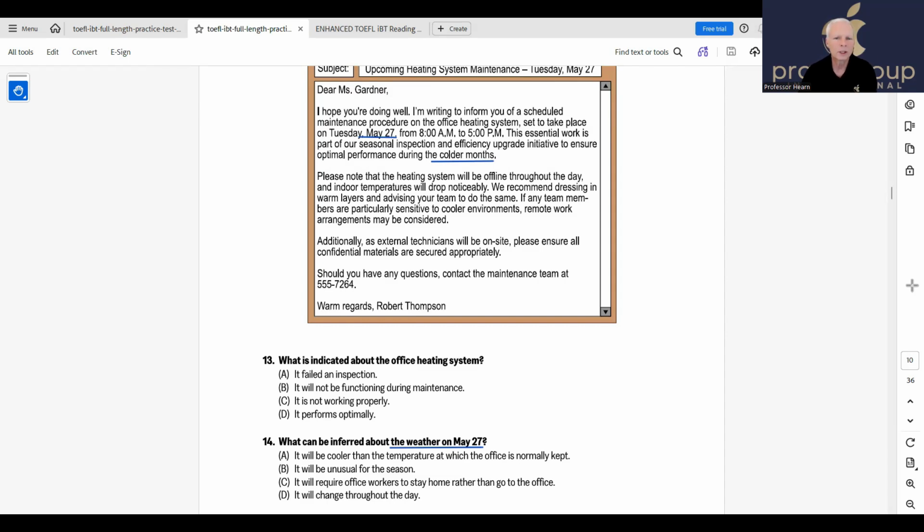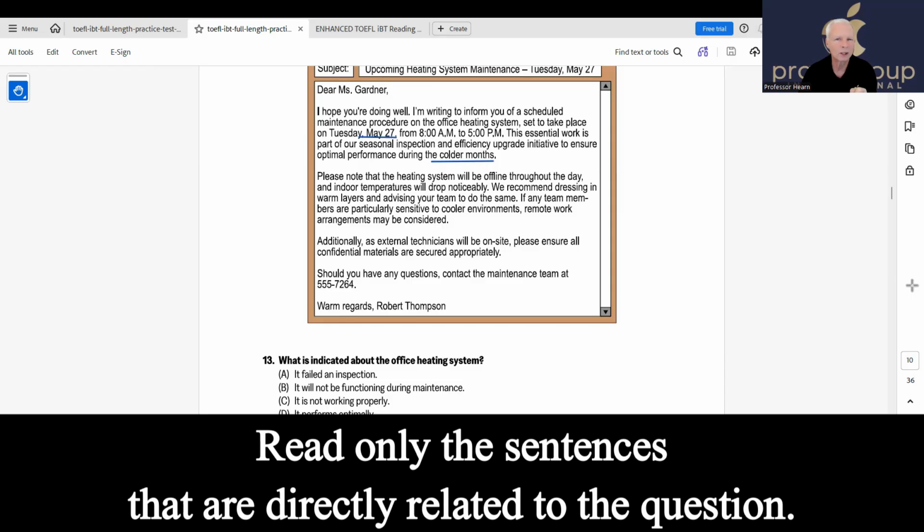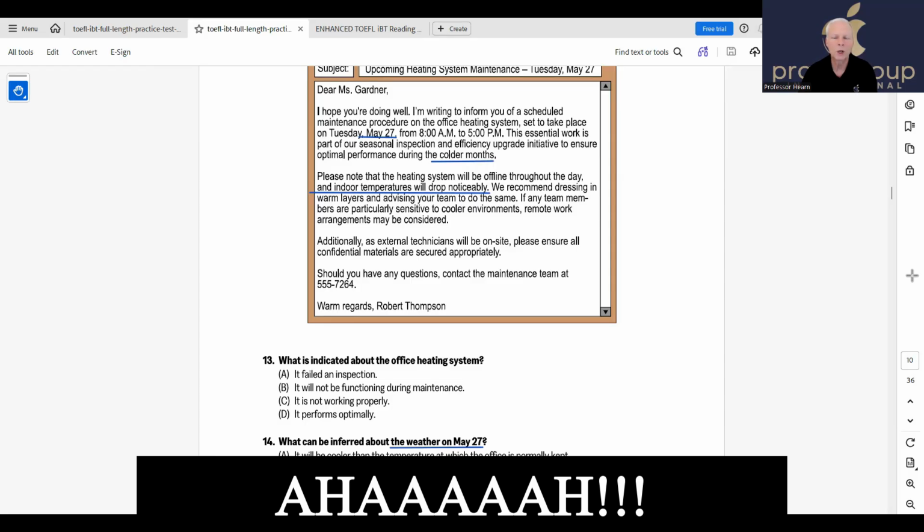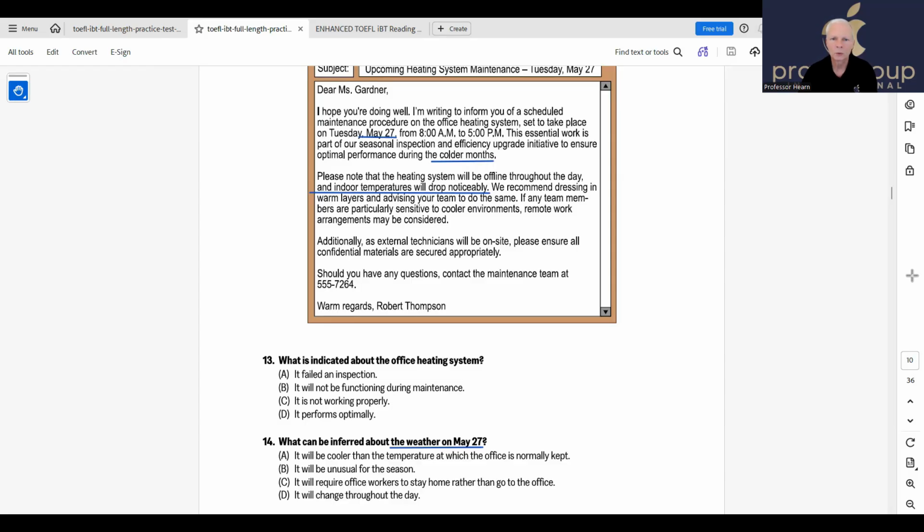So what else do the sentences say that we have been directed to read? The next one states, please note that the heating system will be offline throughout the day and indoor temperatures will drop noticeably. So what do we know about May? It's about colder months and it's about indoor temperatures dropping noticeably.